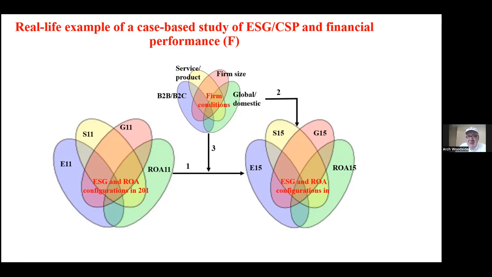So it would be 3 by 3 by 3 by 3. So we would have a total of 81 combinations or cells or configurations that could occur.